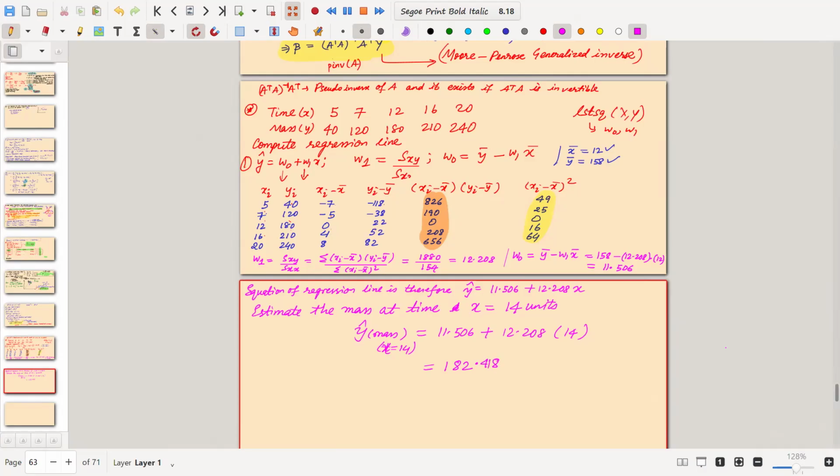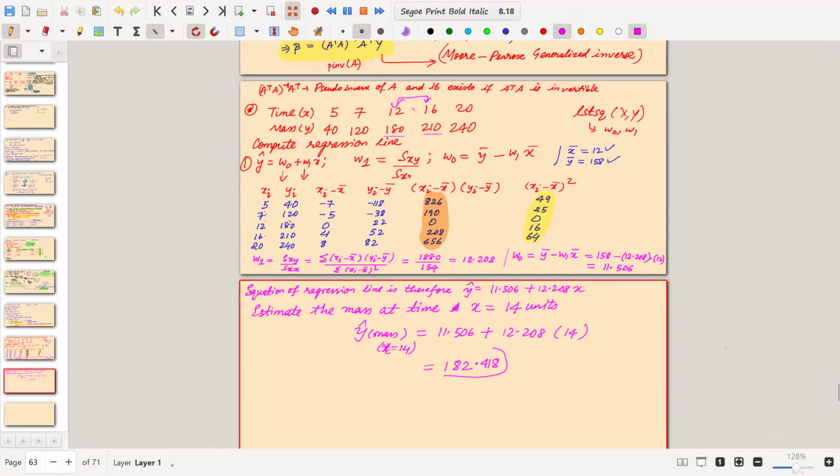Okay. So can you see that in between 12 and 16, at 12 it was 180, at 16 it is 210. And this value which you estimated at time t equal to 14 units is lying somewhere in between 12 and 16. And the weight is also lying in between 180 and 210.